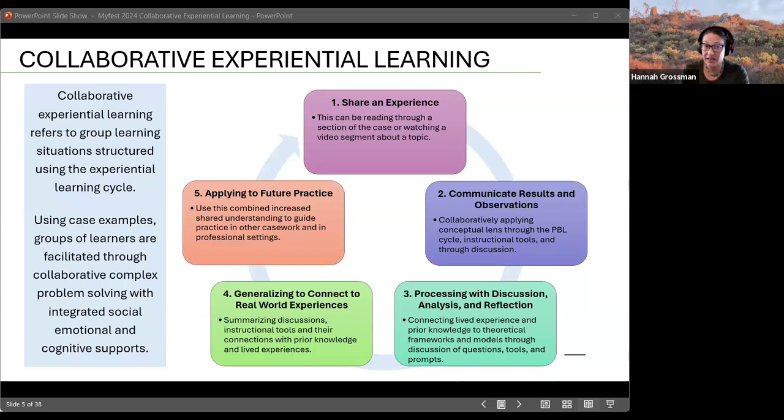So in my work setting, the pedagogical approach matters a lot in terms of reducing harm and complexity. So that's how this approach came about.